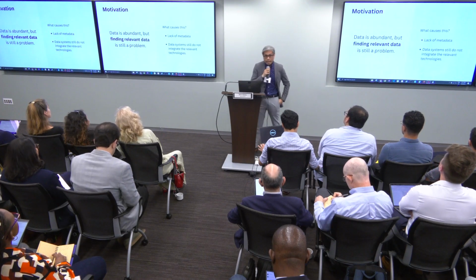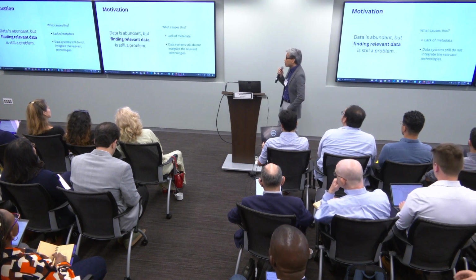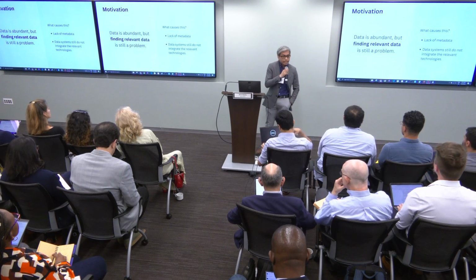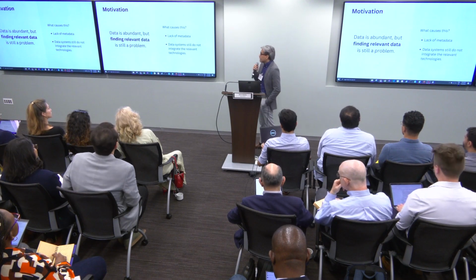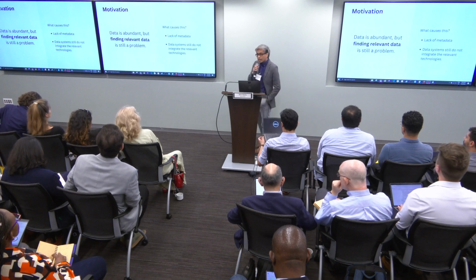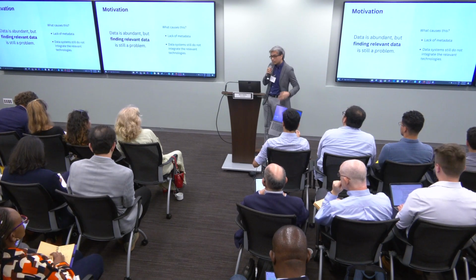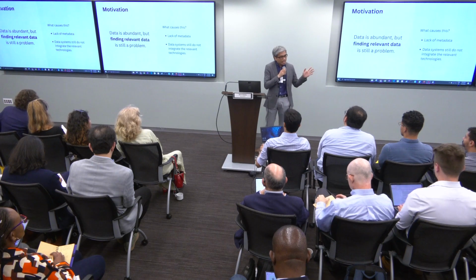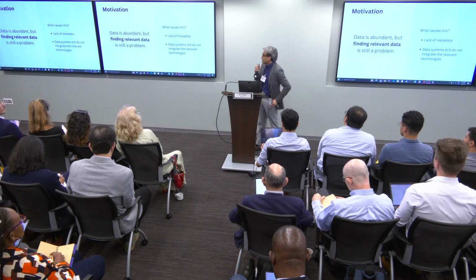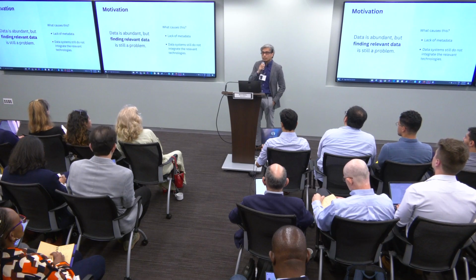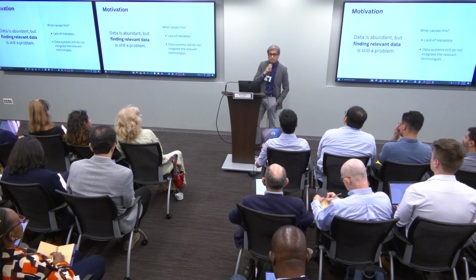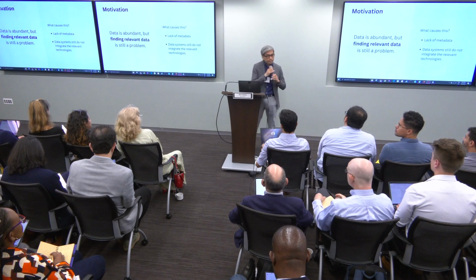So the motivation behind this activity is that, well, we know that data is abundant, but finding relevant data is very difficult. And we see two things that basically cause this. Basically, data doesn't really come with rich metadata. And even with all the technologies available out there, some data systems, or most data systems, still do not integrate the relevant technologies.